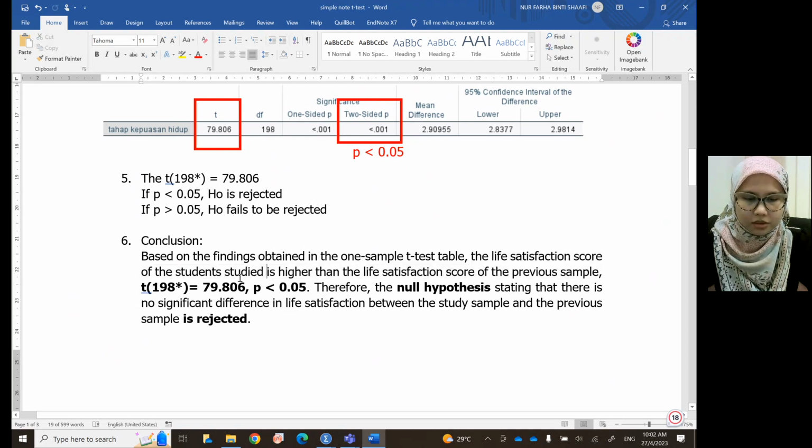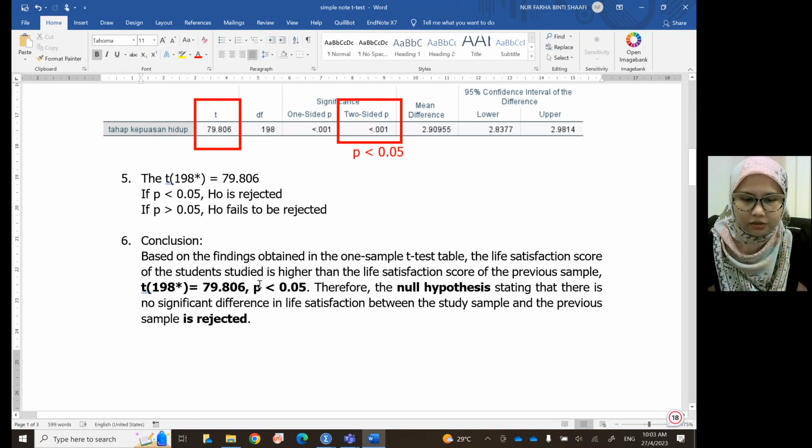All right. So your value here you need to state in your report. Okay, you need to state this in your report. T in the bracket of 198 star is equals to 79.806. Okay, where did you get this value? It is from the table. Which table? One sample t-test table that you have analyzed in your SPSS. That's why you need to analyze first, then you get the value.